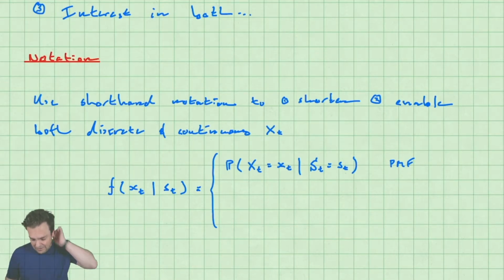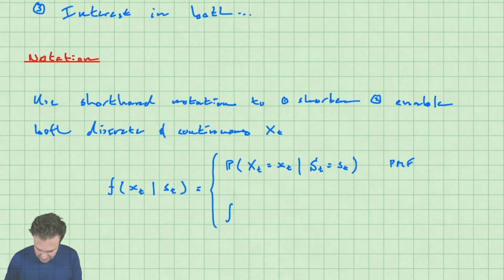If x is continuous, then this thing is a probability density function for the random variable x sub t, with its argument little x sub t, given that big S sub t takes on the value of little s sub t. So this is a probability density function.